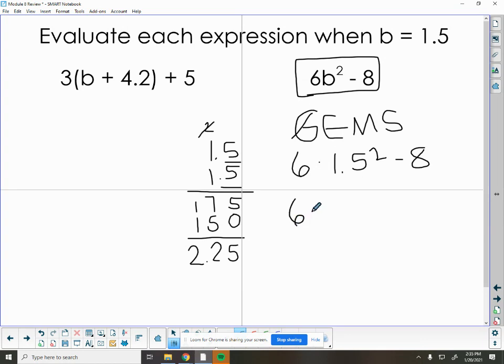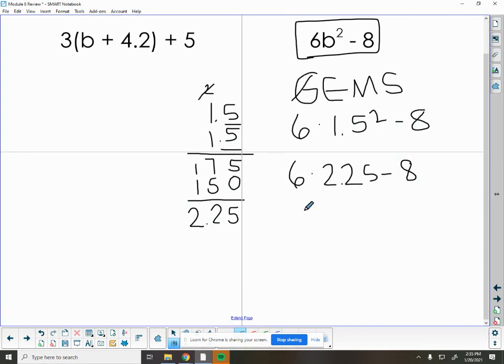So here we have 6 times 2.25 minus 8. So now I'm going to take my 2.25 and times by 6. So here's 30, 12, 13, 14, 15, 12, and 13. And I have 2 placeholders.